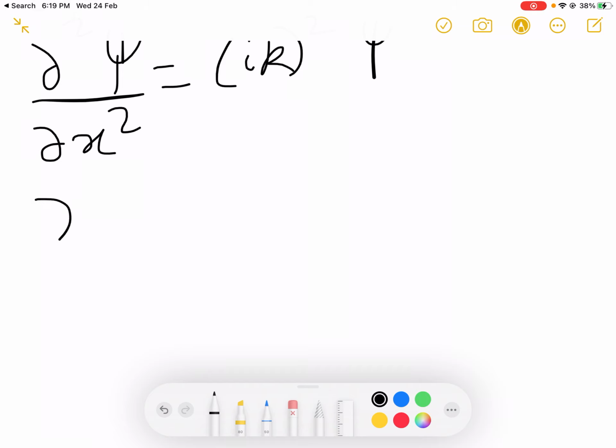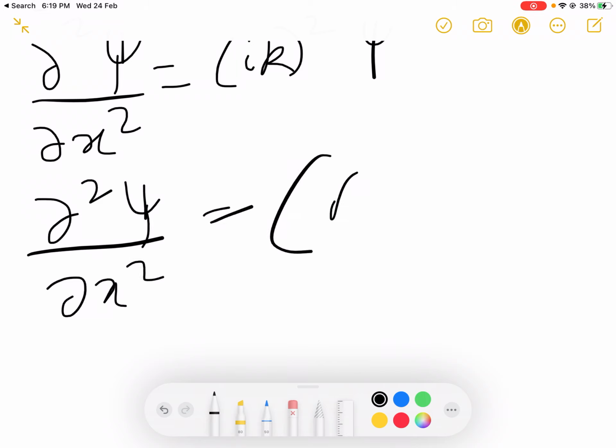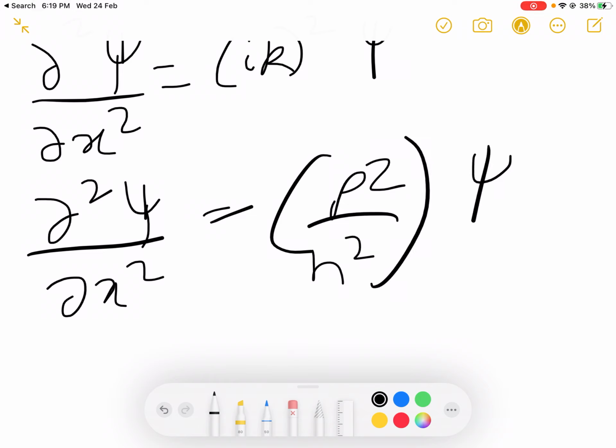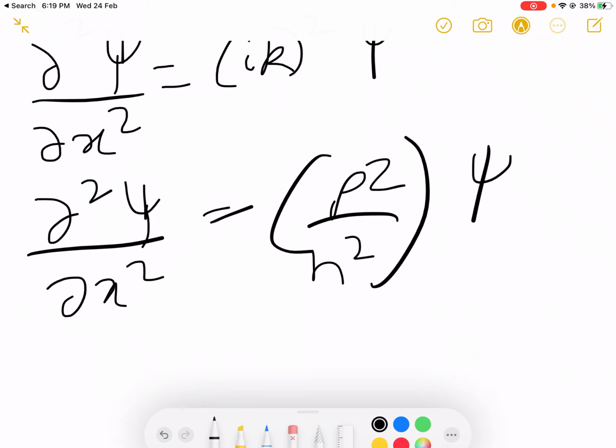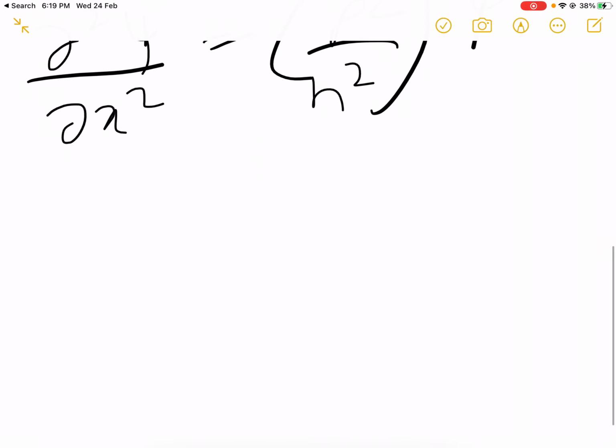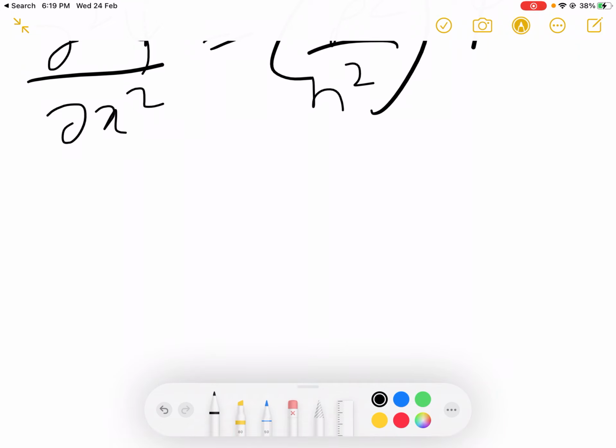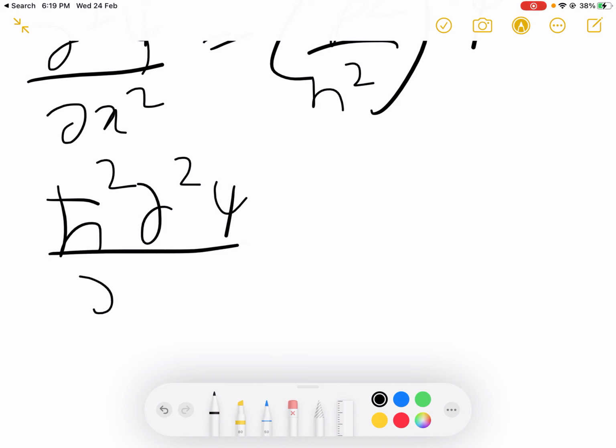So what we can also say is del square psi over del x square is equal to minus p square over h bar square psi. Then we can take the entire thing and put it on the side of the derivation. So h bar square del square psi over del x squared is equal to negative p squared psi.